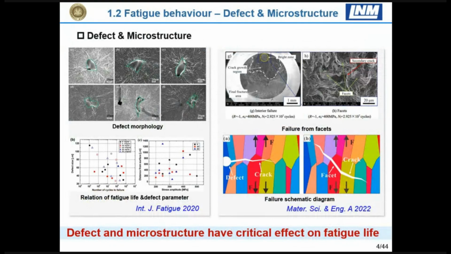The microstructure is also anisotropic, and there are lack-of-fusion defects, which make crack initiation very easy, and multiple crack initiation may also exist. So it's a challenging task in the fatigue regime.